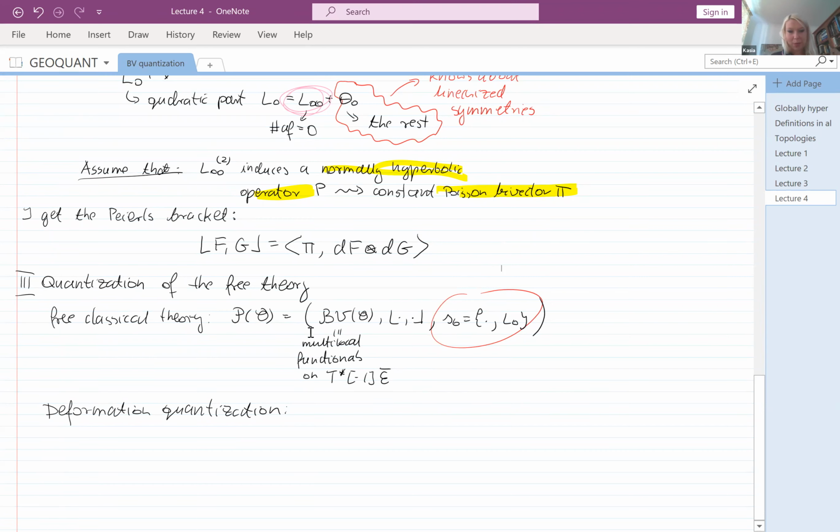One piece of data is this chain complex, where the differential uses the whole quadratic Lagrangian. But the Poisson bracket is only part of that information. The Poisson bracket only needs to know about equations of motion, and then symmetries enter on a different level.